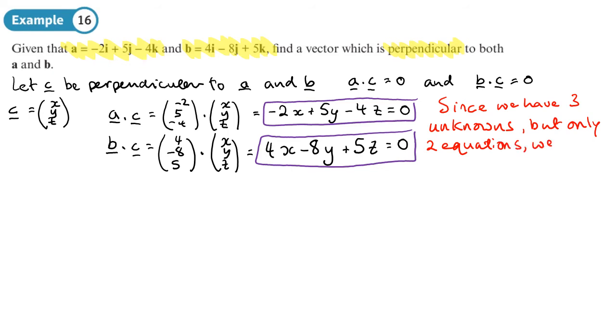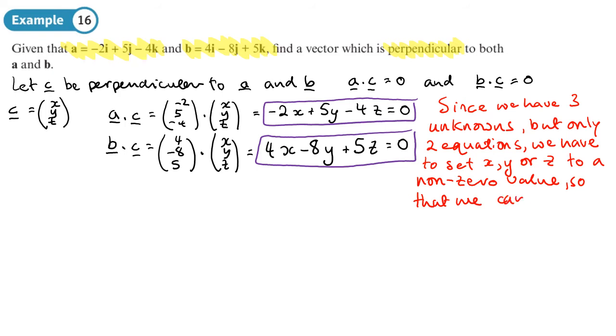We have to set x, y, or z to a non-zero value.